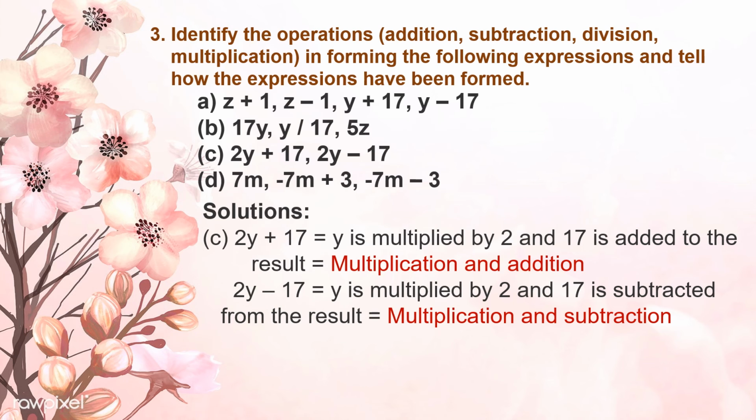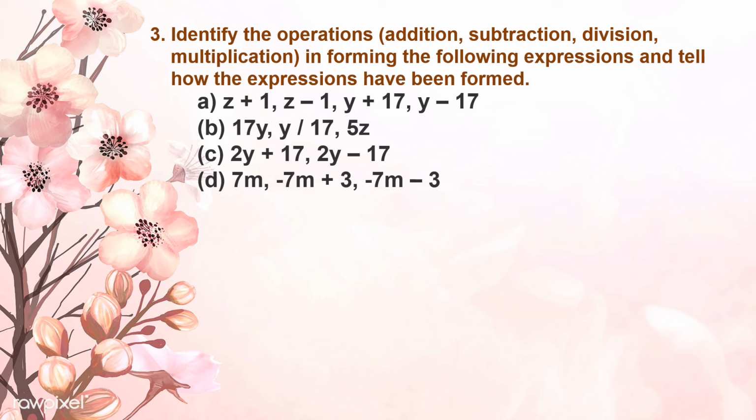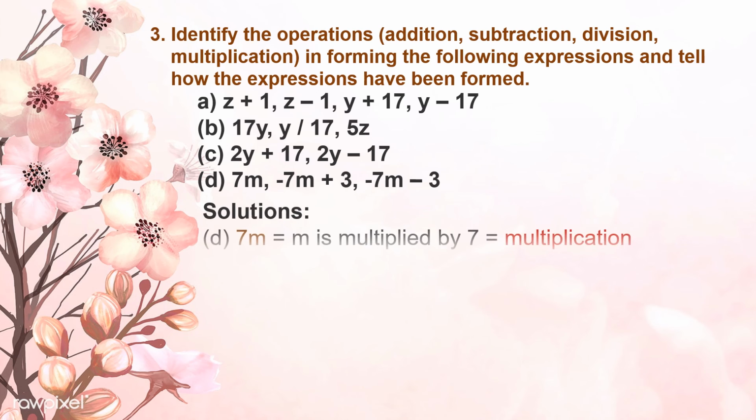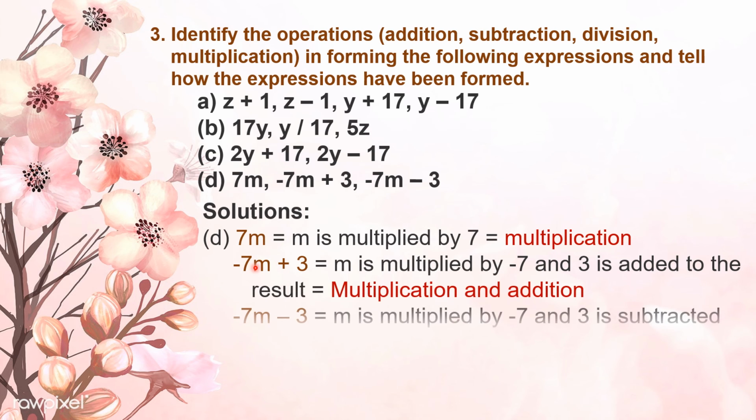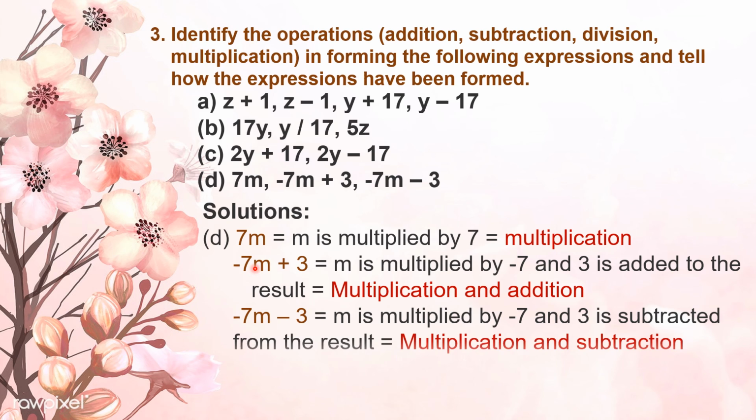Now let's see the last one, D. 7m, 7 times, isn't it? So it is multiplication, and minus 7m plus 3 means minus 7 times m. So multiplication and addition, and here the last one also multiplication and subtraction.